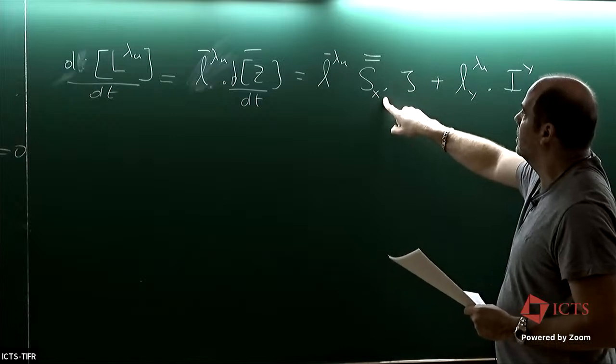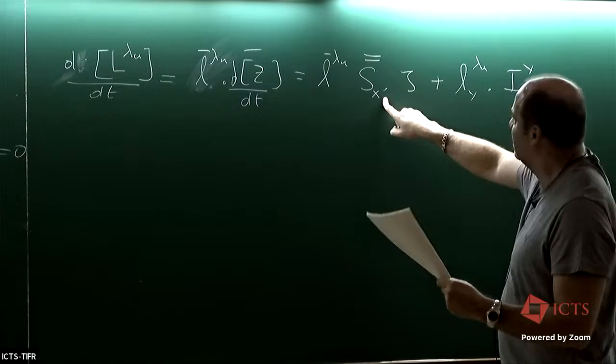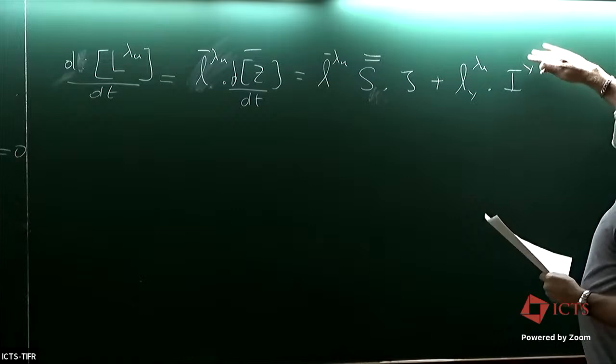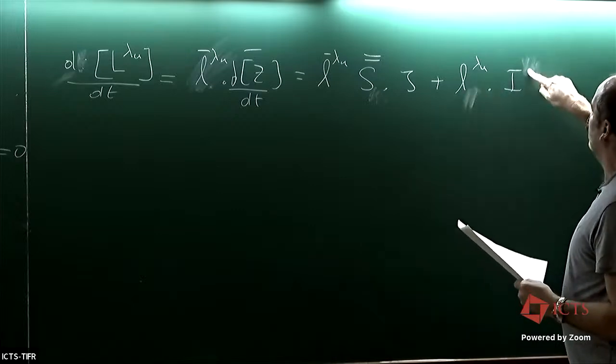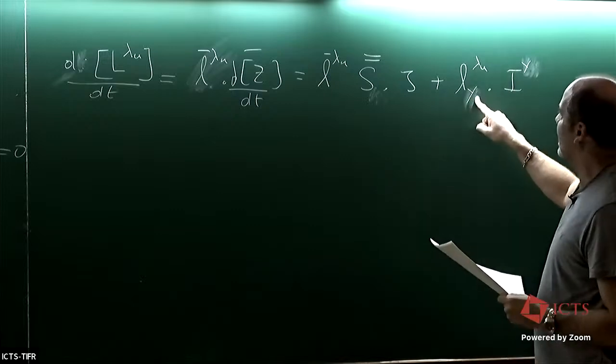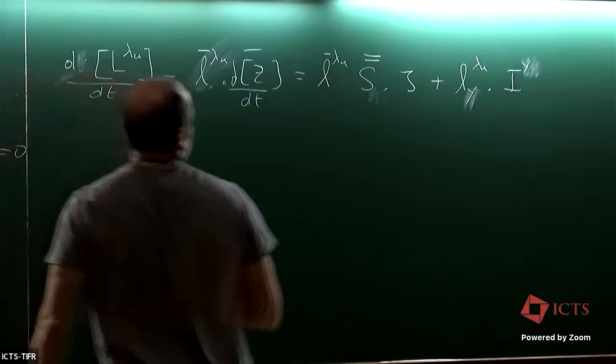Now, because I'm working in full space, I know that this is 0 in the X part, so here I can put Y and Y. I just argued that this is 0 in the Y part.